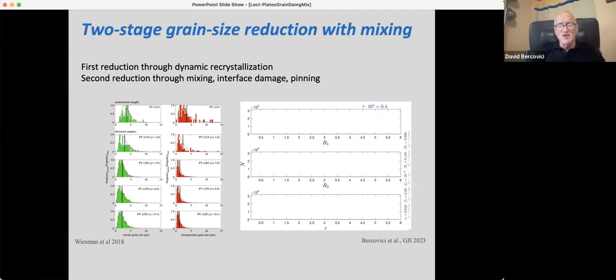One of the things that you measure when you're looking at deformation in rocks and seeing how grain size evolves is the grain size distribution. In those very same experiments by Harrison Weisman, you can look at the olivine grain size distribution. This is like a bell curve of the grain sizes. The vertical axis is the number of grains you're counting, normalized, and this is the size of the grains in microns.